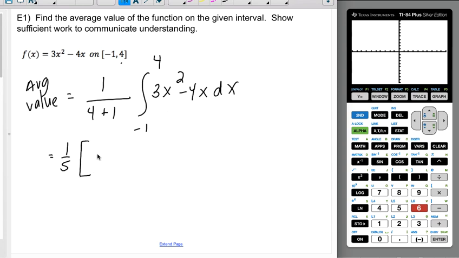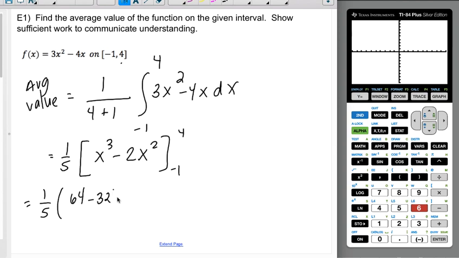So when I do the antiderivatives, I get x cubed minus 2x squared, and I'm going to be plugging in negative 1 and 4, right? So that's a 1/5. And again, the 1/5 could stay in front of both of them individually, or you could just leave the 1/5 in front of the whole thing. When I plug in 4, I'm going to get 64 minus 32, right?